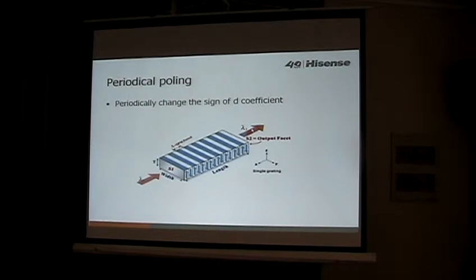So every coherence length we rotate the material by 180 degrees, and then we change the sign of the nonlinear optical coefficient. But if we calculate, we find that the coherence length is at the level of a few microns, so it is not very easy to manufacture.